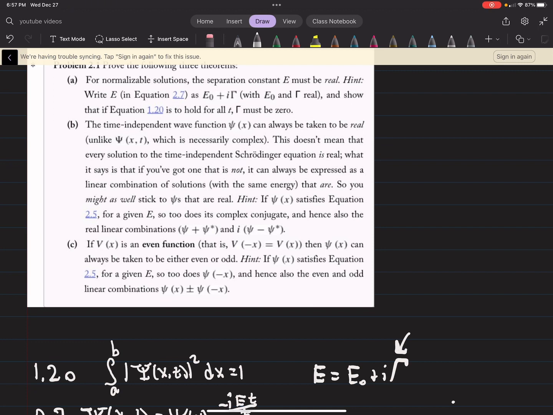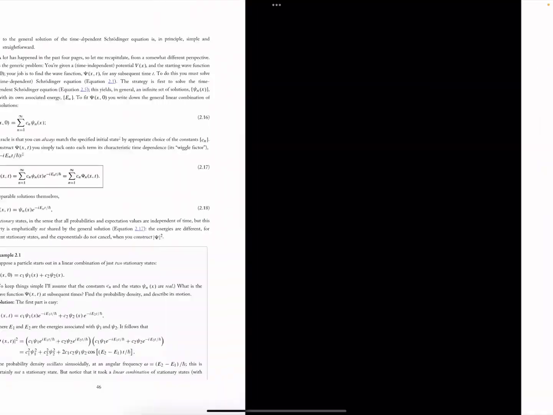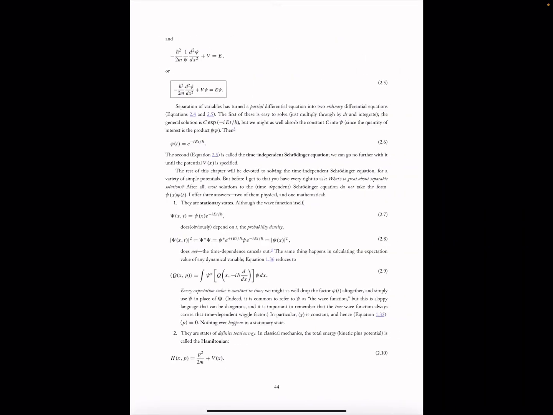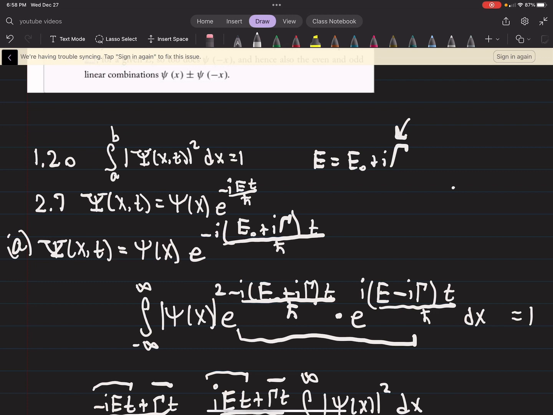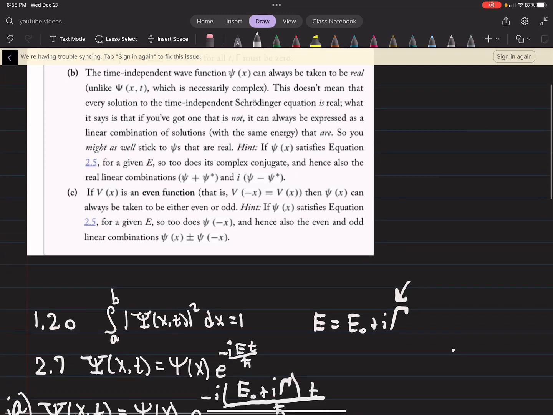2.5, which I think is just, let's see here. Let me just confirm what 2.5 is. Yeah, it's just Schrodinger's equation. Okay, cool, good deal. And it gives us a little hint here that real linear combinations of psi plus psi star and i times psi minus psi star are 2 real examples.